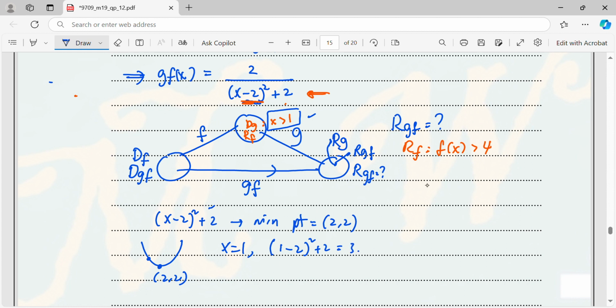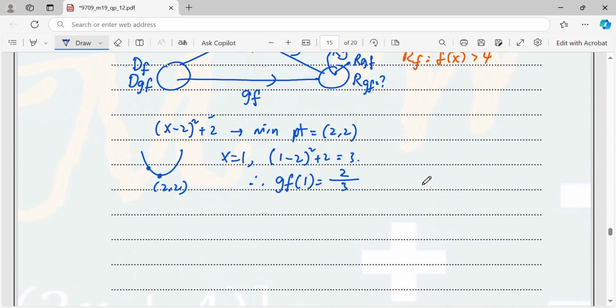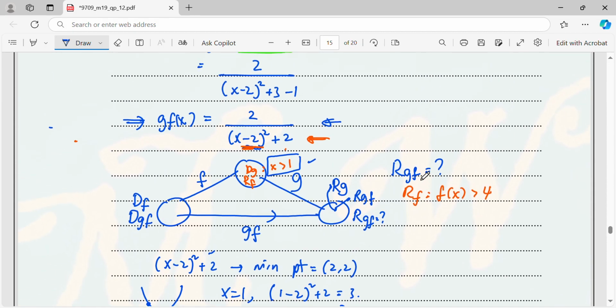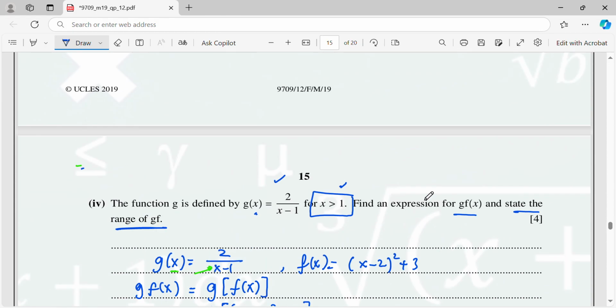So I will write gf of 1, I substitute back into this whole equation, it will be 2 over 3. So I know that at this particular point, my graph becomes this part. Because it is greater than, right?